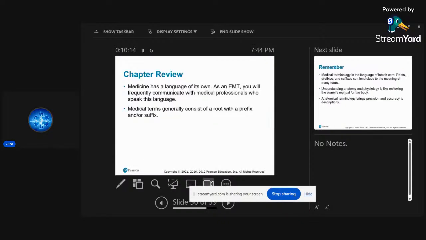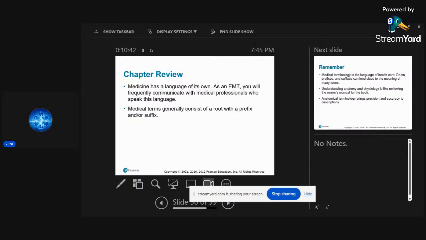Really short chapter, so let's do a real quick review. Medicine has a language of its own. As an EMT, you will frequently communicate with medical professionals who speak this language. And I will tell you right now, we do see it quite often, but a lot of times we see simple terms as well. So it's okay if you want to talk in simple terms, even to the medical professionals when we're handed off to nurses. It's okay to say our patient has high blood pressure, or it's okay to say they have hypertension.